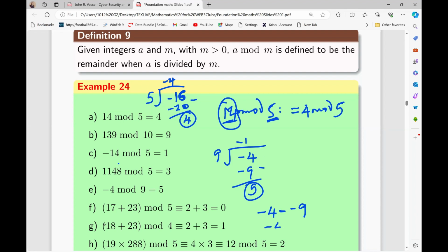So what I have is -4 plus 9, which then is 5. So 9 goes into -4, -1 times, and the remainder is 5. So instead of somebody writing this, the person is supposed to write 5 mod 9.